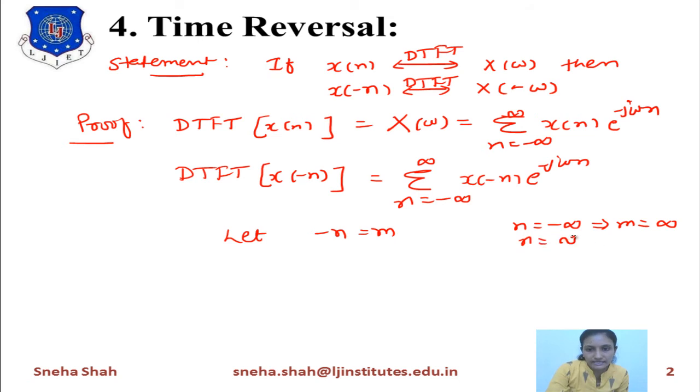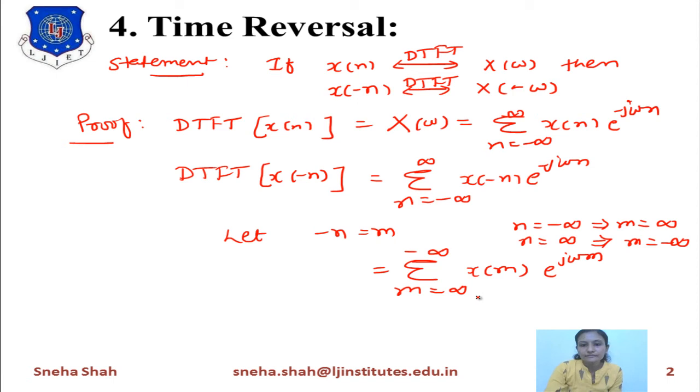And when n equals infinity, m equals minus infinity. Putting these values in the equation, the summation is over m from infinity to minus infinity of x of m e raised to j omega m, because here minus n is represented as m.